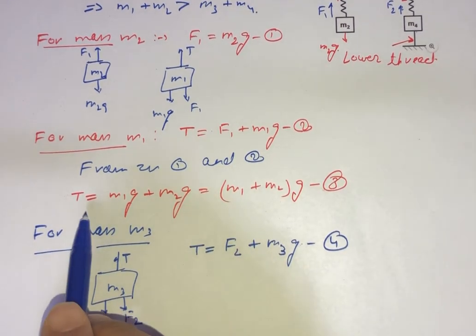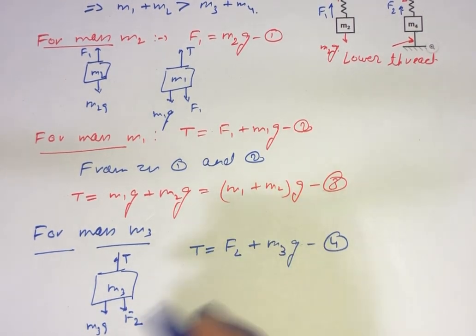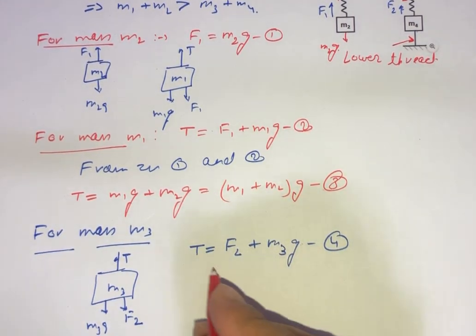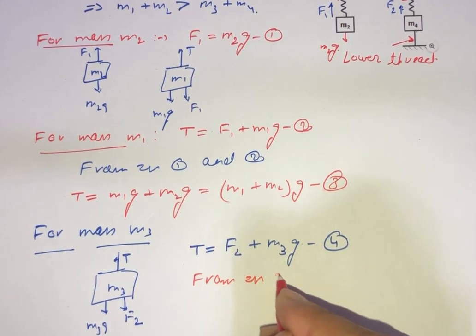And we know that the tension is given as M1 plus M2 multiplied by G from equation 3.